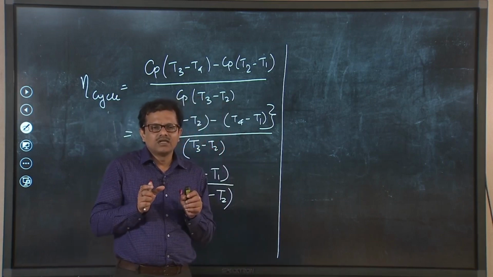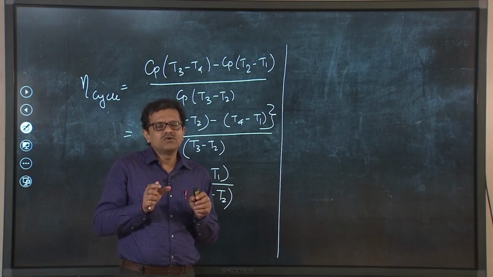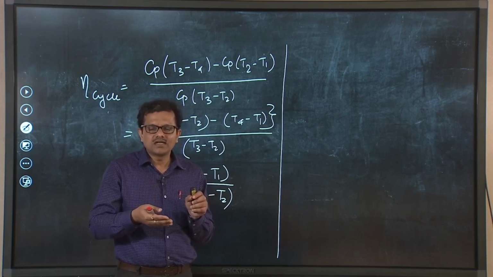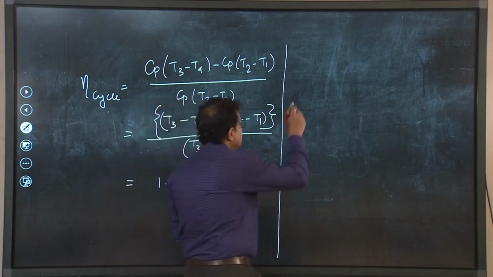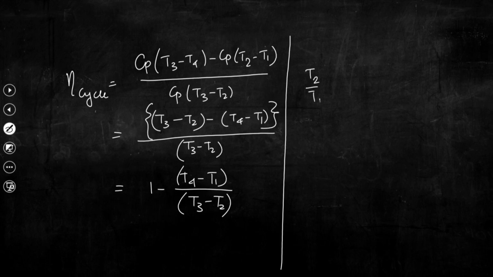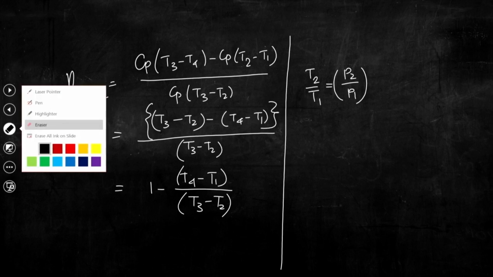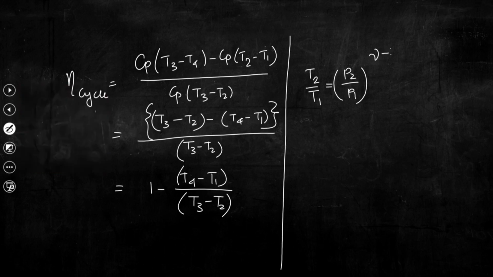I mentioned that after compression certainly the pressure of the air will be higher, but the temperature also will increase. So, T2 by T1 equal to P2 by P1 to the power gamma minus 1 upon gamma. Sorry, I made a mistake, it should be gamma minus 1 upon gamma, because this is P2 by P1.